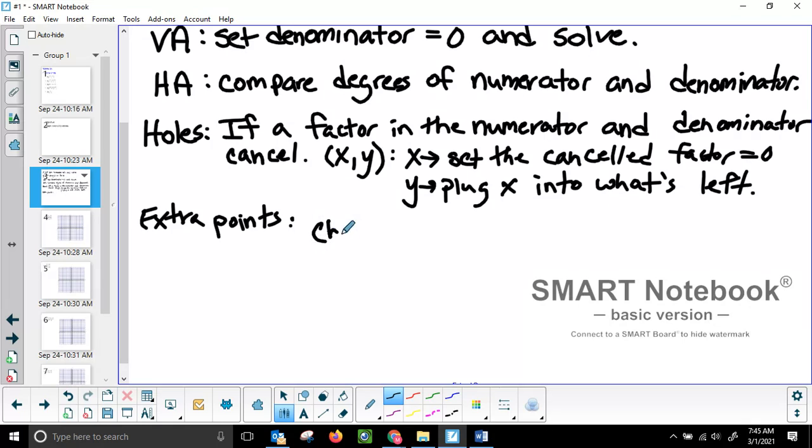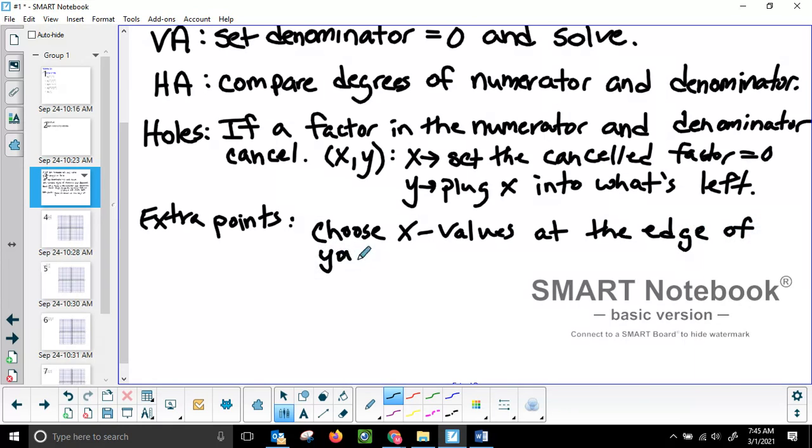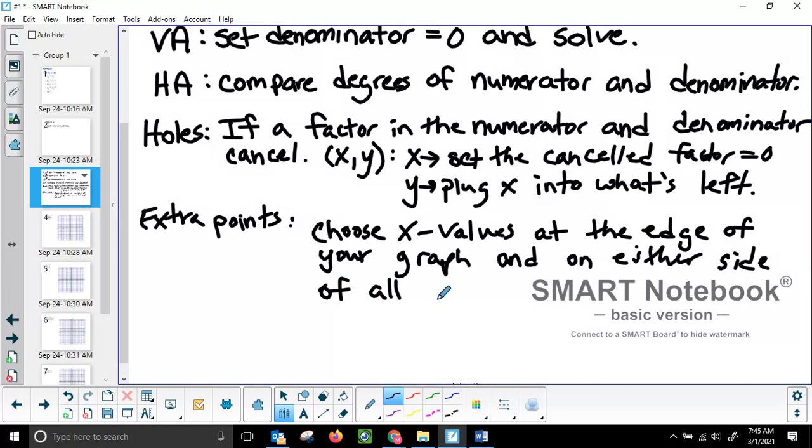All right, choose x values at the edge of your graph, and on either side of all vertical asymptotes.